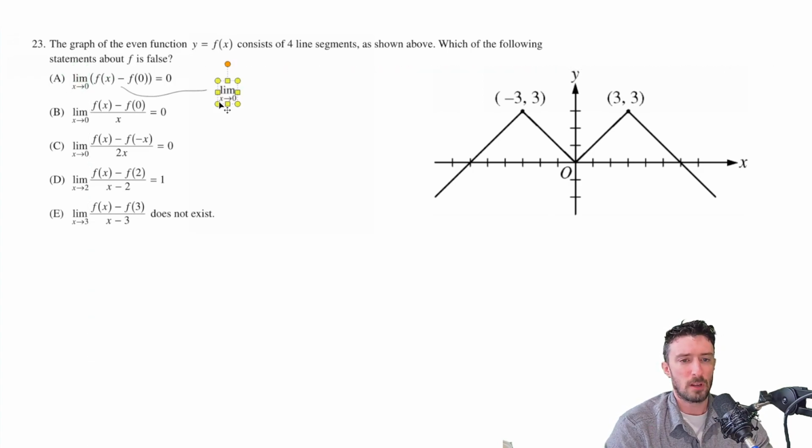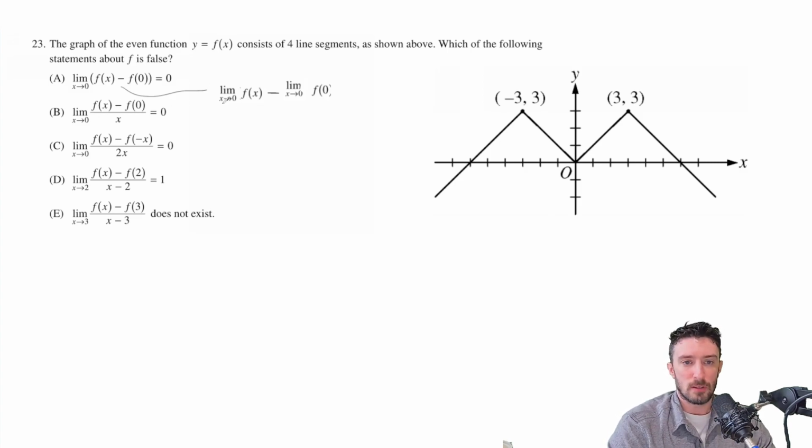Let's put a limit of the f of x, and then we'll put a minus, and we'll put a limit of the f of 0. So that is just us breaking up the limit into a subtraction of limits, which is supposed to happen as long as all of those limits exist.